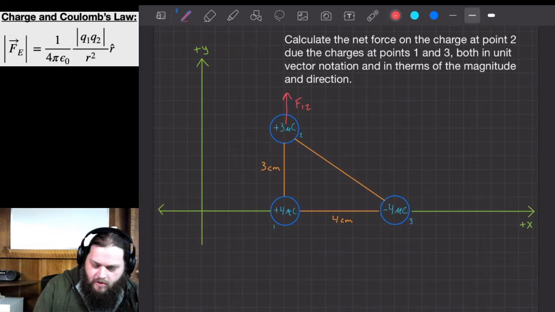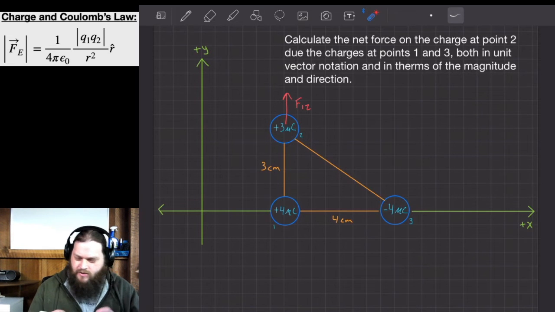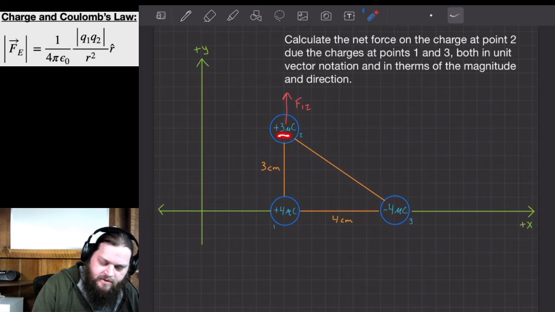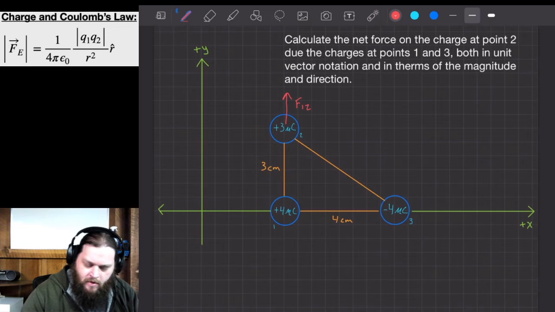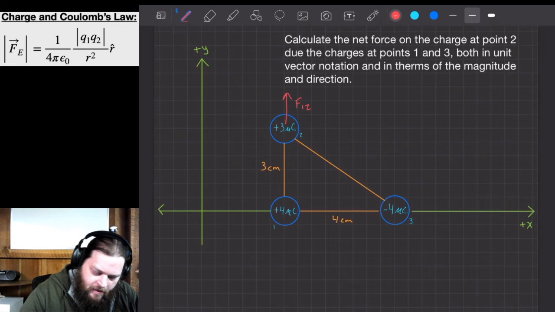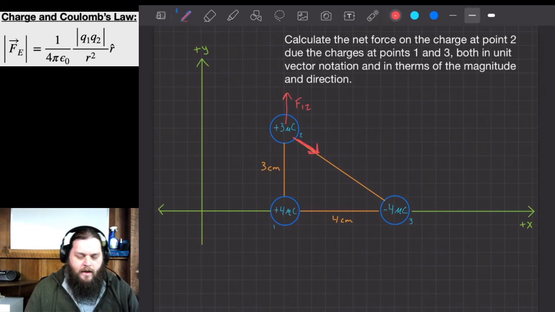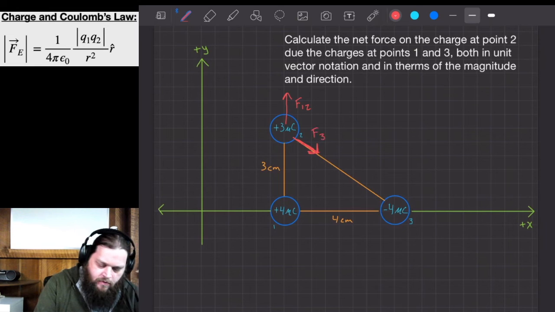We're also looking at the negative charge over on this side. We're going to see that that's going to have an attractive force because here is a positive one. So that is going to follow the line between those two going down this way here. And that's going to be force 3 to 2.